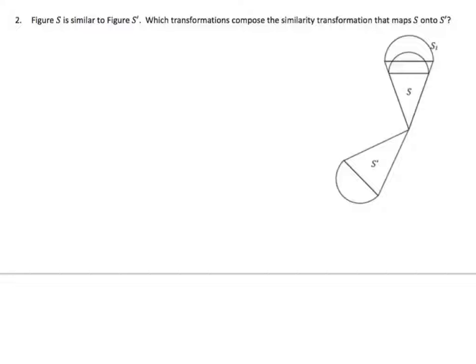Figure S is similar to S prime. Which transformations compose the similarity transformation that maps S onto S prime? Let's see, I'm going S to S prime.